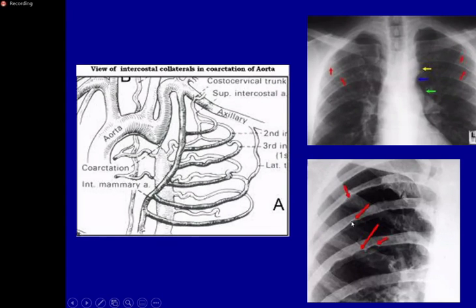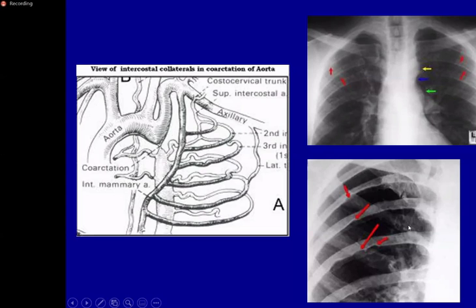And as a result, when the blood vessels enlarge, we are talking about growing children, their ribs are very cartilaginous, they are not ossified well. So they will have difficulty growing in the normal way because there is a big artery preventing it from growing. As a result, you will see notching occurring in the ribs posteriorly.